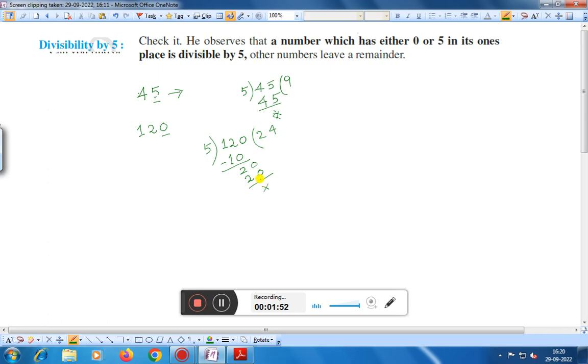Right? That is, it is also divisible by 5. That means if the digit in the ones place is 5 or 0, it will be divisible by 5.